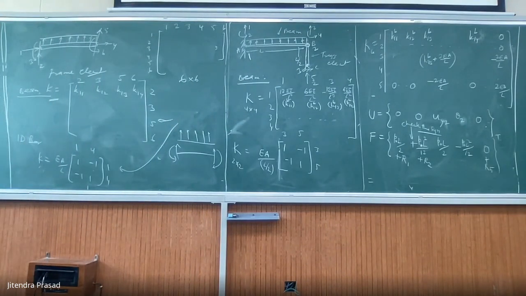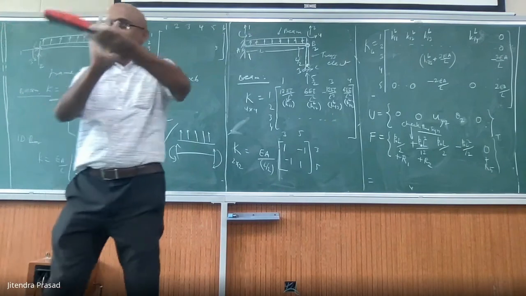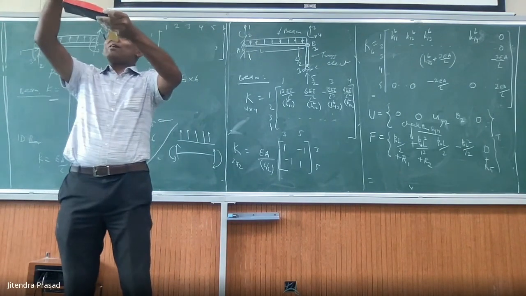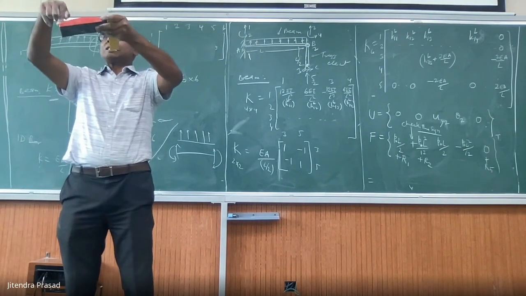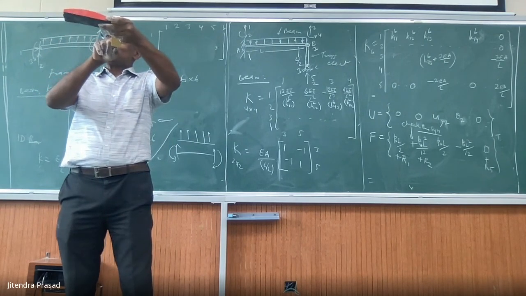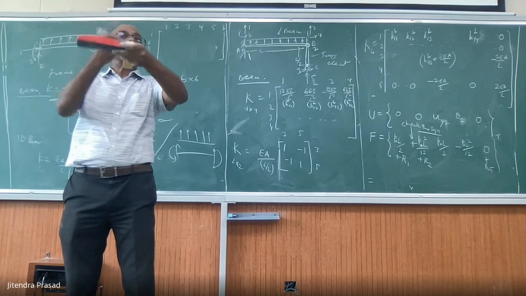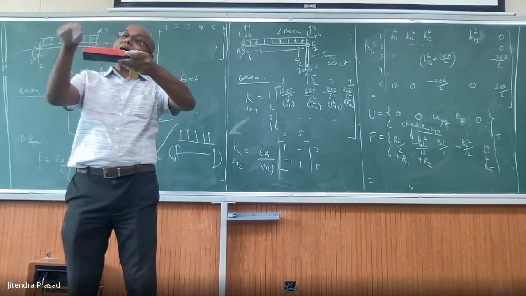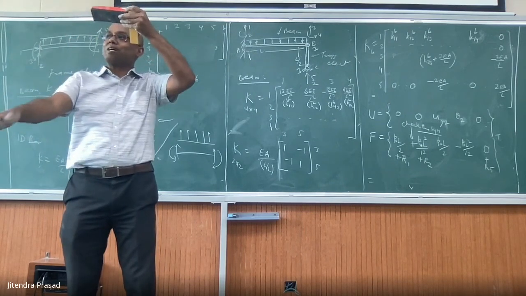Let us say you have a structure like this. You fix this and I apply a load here. Then what happens? This will be a bending for it, and for this, it will be torsion. Automatically it solves.